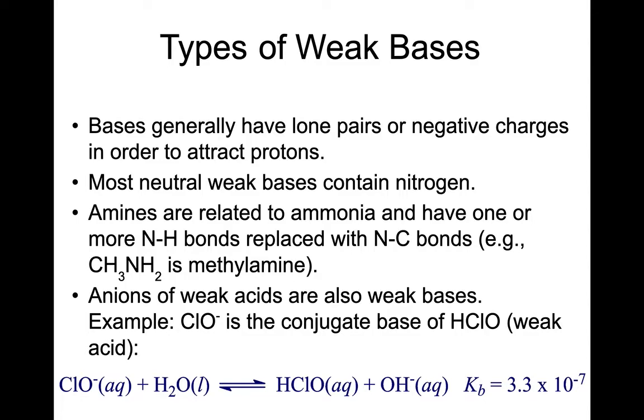Typically this is in the form of lone pairs of electrons, just like we saw on that table above. Any base that we can find is going to have a lone pair somewhere on it, and this is its source of negative charge to pull in the extra proton. A lot of our neutral weak bases contain nitrogen as a general trend.